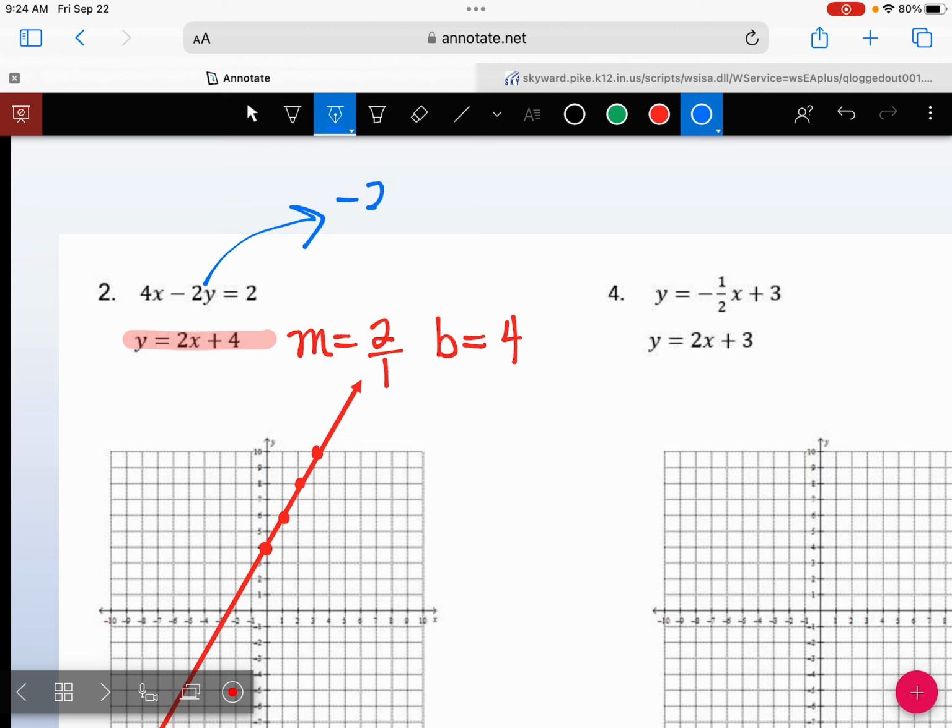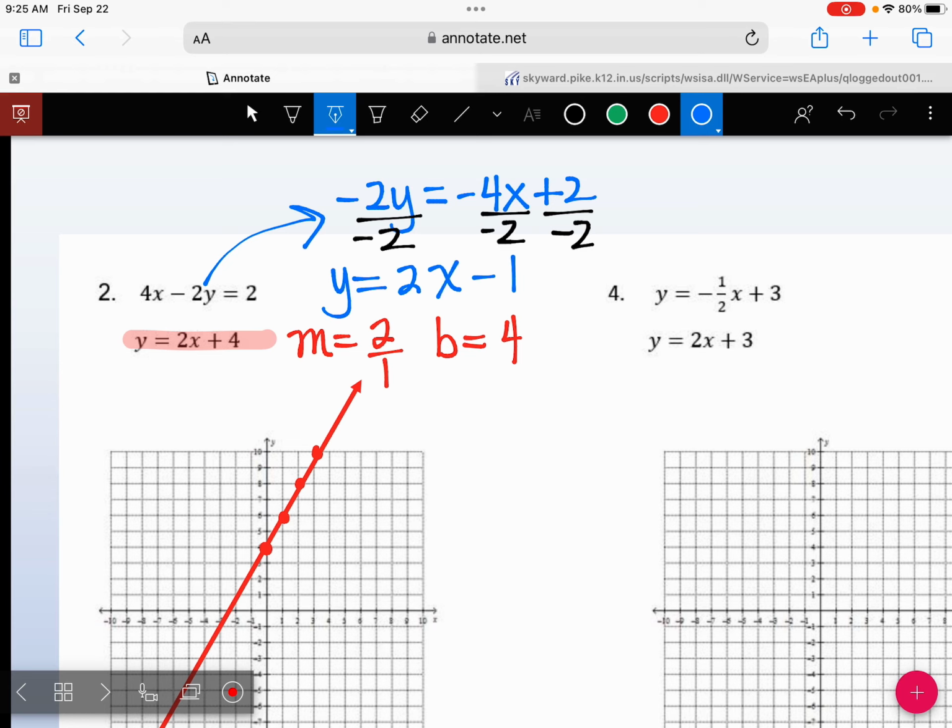We're subtracting the 4x, and then you're dividing everything by -2. Which should give you y equals positive 2x minus 1.